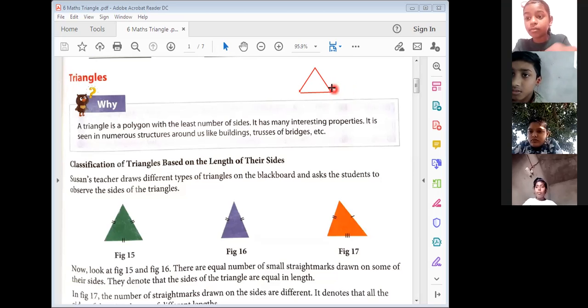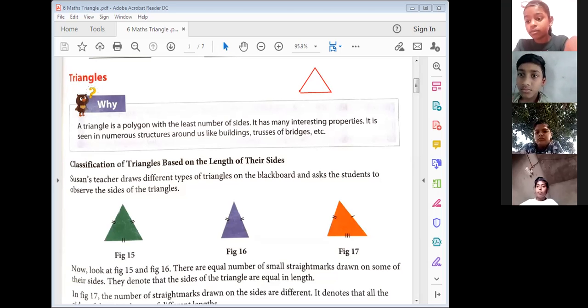Wherever two ends of the two sides are meeting, on that meeting point, a vertex is formed. Let's say अभी ये आपका साइड है, ये आपका साइड है, ये दोनों यहाँ पे इस पॉइंट पे फॉर्म हो रहे हैं, मिल रहे हैं, तो ये वर्टेक्स कहलाएगा. और वर्टेक्स पे हमेशा एंगल फॉर्म होता है. एंगल कहाँ पे फॉर्म होता है? वर्टेक्स पे ही.